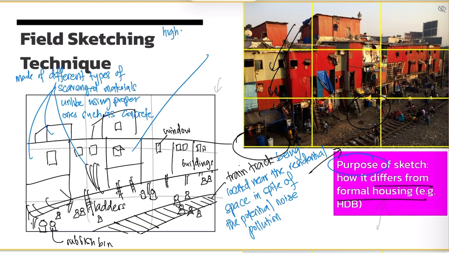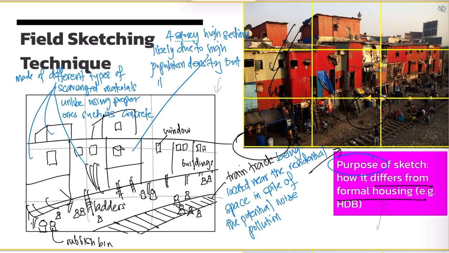High rise, or perhaps this is not a correct term to use because high is subjective, so I'll be clearer. 4-story high sections, likely due to high population density, but, pardon my handwriting again, it means more like to be vulnerable to collapse.